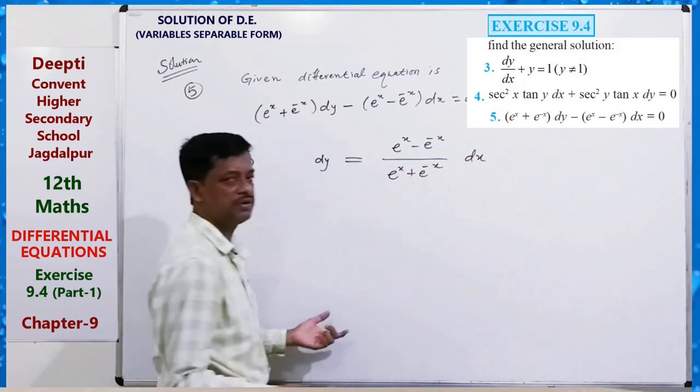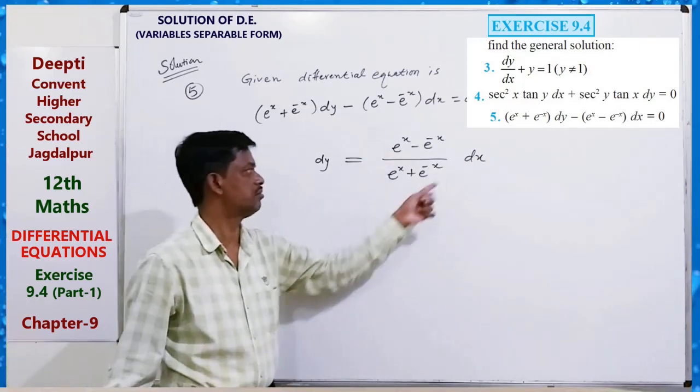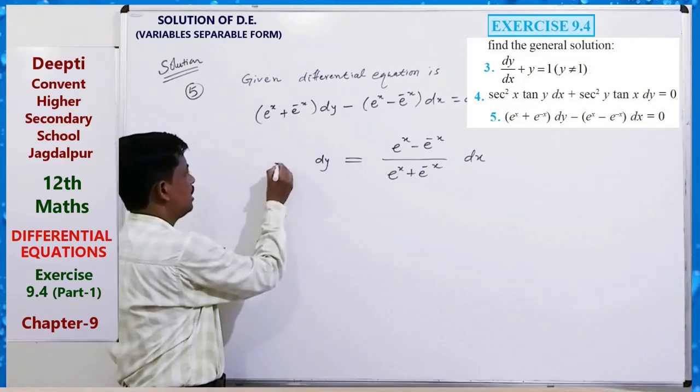This is separable form, because this is only a function of x, with x on one side and y on the other. Clear? So we can write like this.